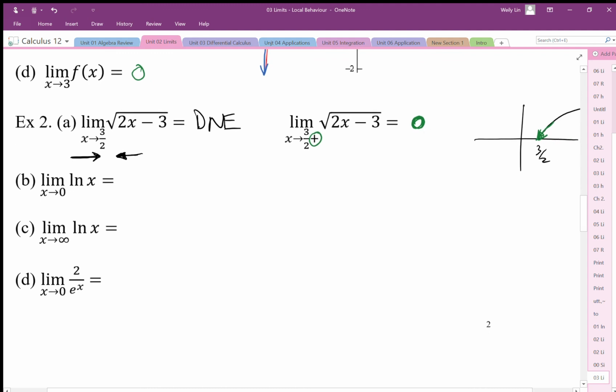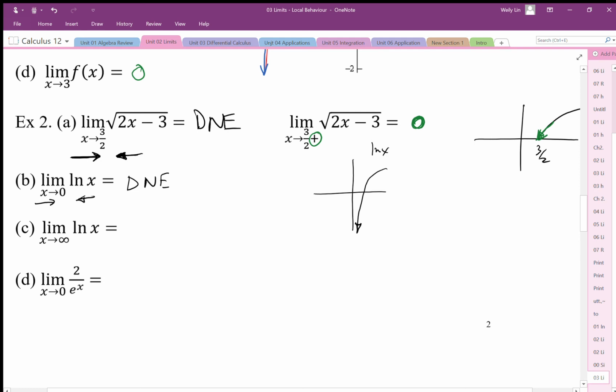Now this log x function as we approach 0 is again a problem, because if we take a look at a log function, this is log x, it's only defined on one side of 0. So this implies that you're approaching 0 from both sides, and it does not exist.